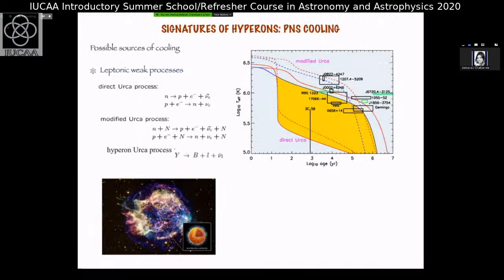There can also be signatures of hyperons in the cooling of neutron stars. In addition to the URCA processes I talked about yesterday, there can also be hyperon URCA processes, and this could lead to additional cooling and therefore affect the temperature as a function of age of neutron stars.